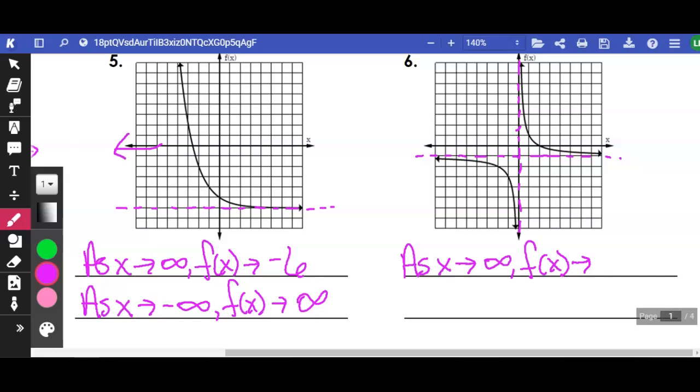So as x gets bigger and bigger, y does get smaller and smaller, but it's approaching this asymptote, which is at -1. And then as x approaches negative infinity, f of x approaches, well again, as x gets smaller and smaller, y is getting bigger and bigger, but it's approaching the asymptote, not infinity, so -1. So here we're approaching it from the top, and here we're approaching it from the bottom. Okay, so that is continuity and end behavior.